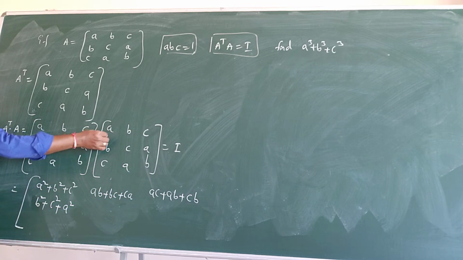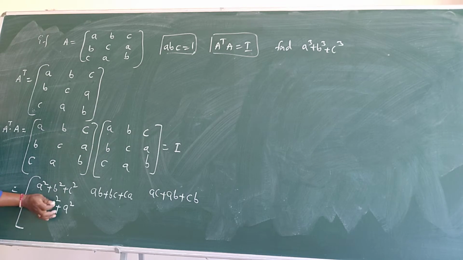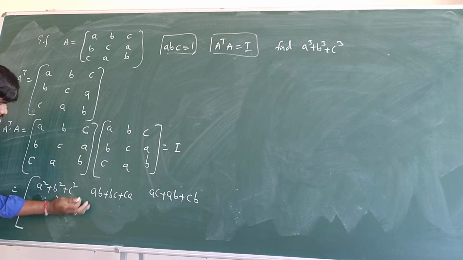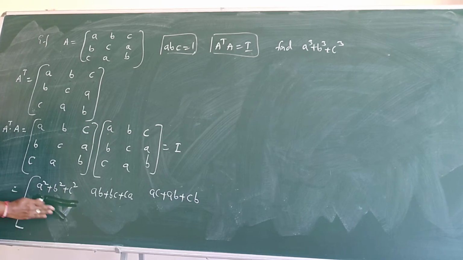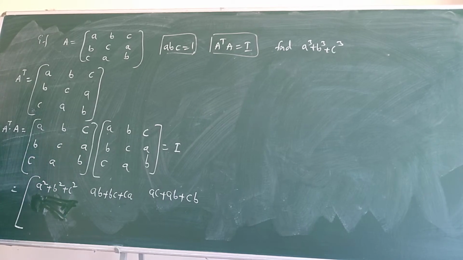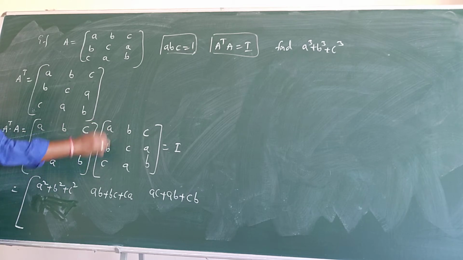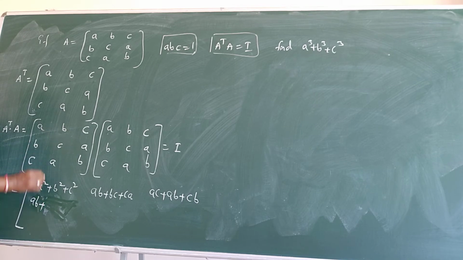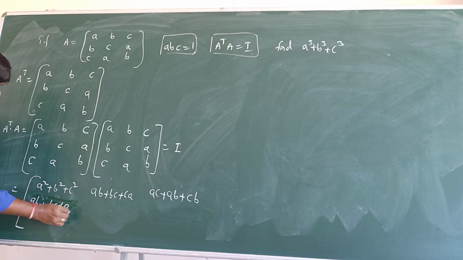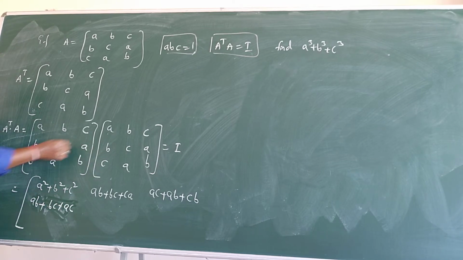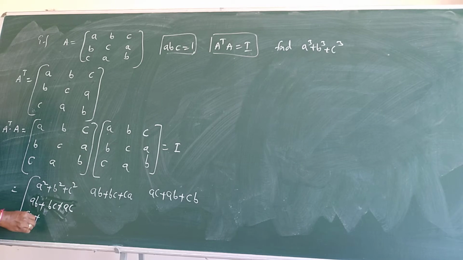Now B into A, BA, right? See what you get here. Row by column, this one finished. Then row by column down. So A into B, AB, plus C into B, BC, plus A into C, AC. Done. Now C into A, CA, plus C into B, CB.